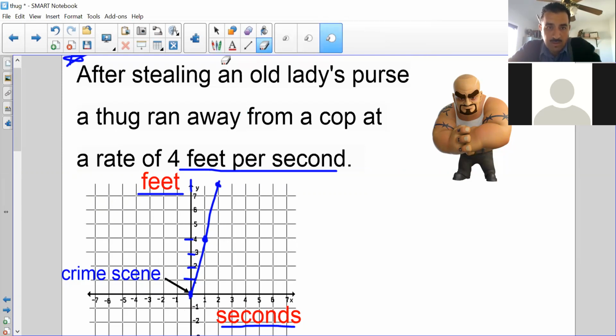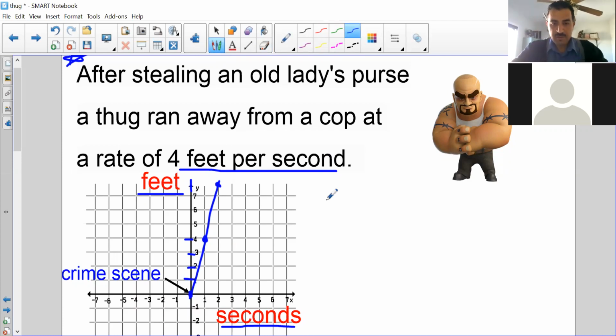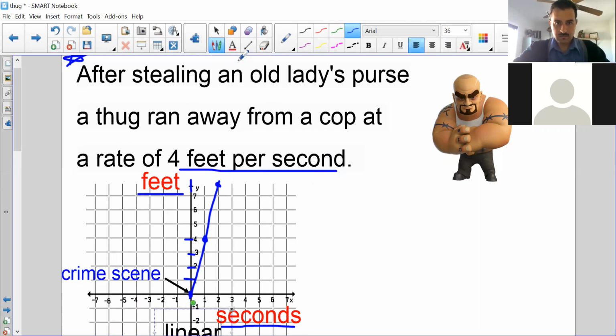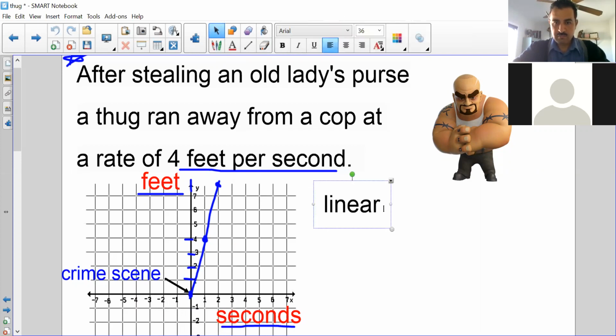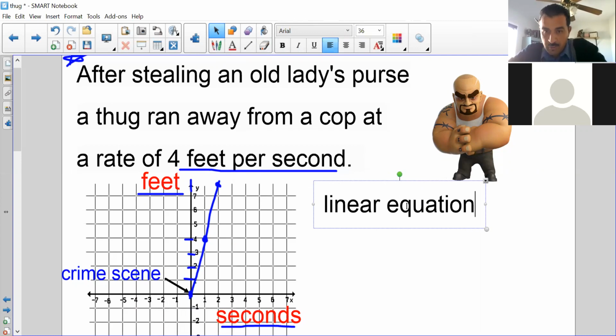The word linear has the word line in it. So if I were to write linear here, a linear equation can model, notice the word I'm using, model, the thug running away.